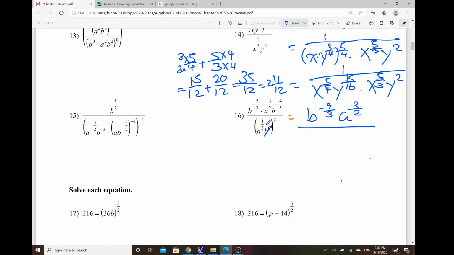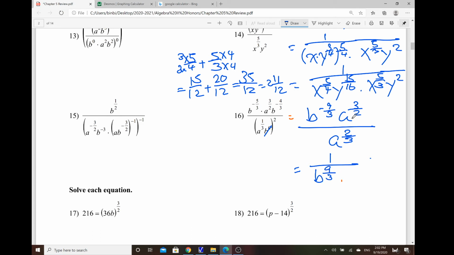Power of a power, so basically what you can do is distribute. So a to the power 2/3, because that's 1/3 times 2. And now the one with the same base and the negative exponent, that means b to the power of negative 9/3. I can simply take that all the way down to the bottom, because that's the reciprocal form.